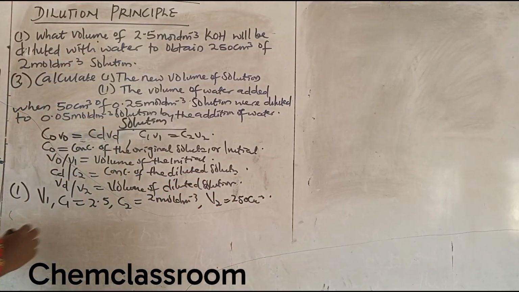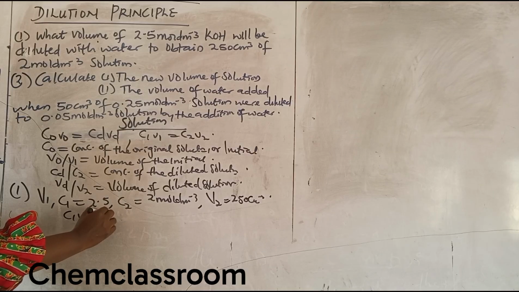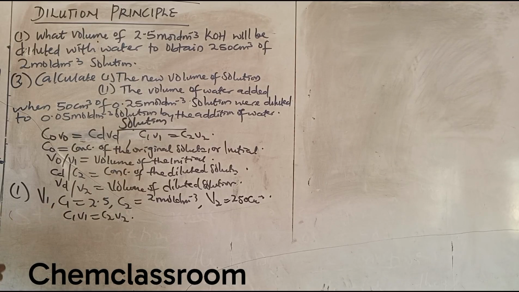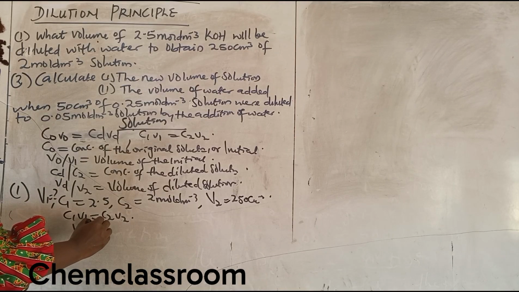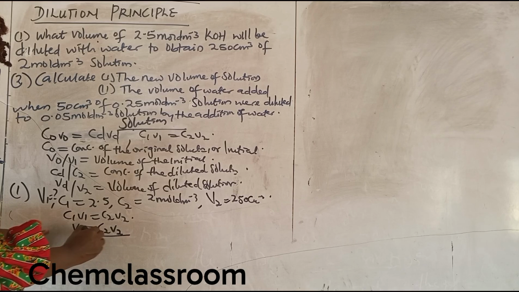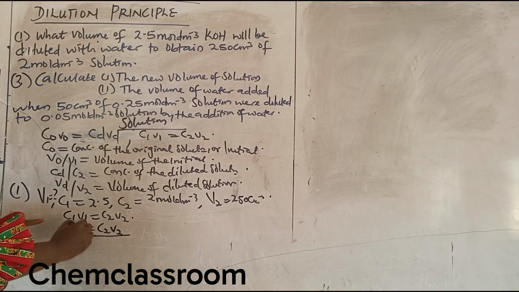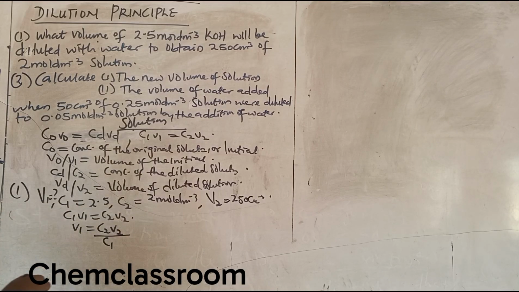Okay, so I'm going to use C1V1 equals C2V2. So I will make V1 the subject of the formula. V1 equals C2 times V2 divided by C1. So we are going to put in our variables now.